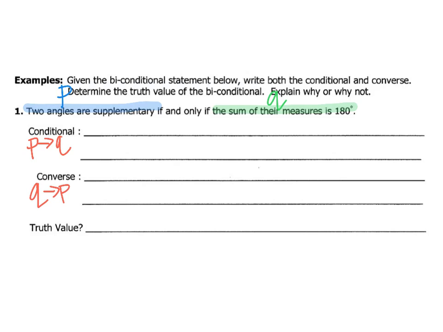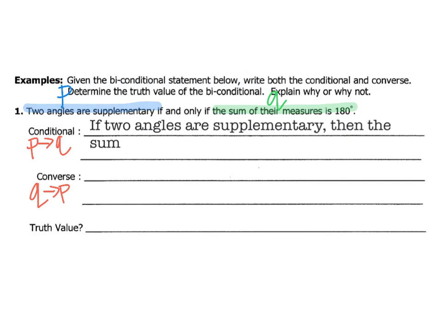We write our biconditional as a conditional in if-then form: if two angles are supplementary, then the sum of their measures is 180 degrees. I don't have the degree symbol here, so I'm just writing out the word degrees. There's our conditional statement.